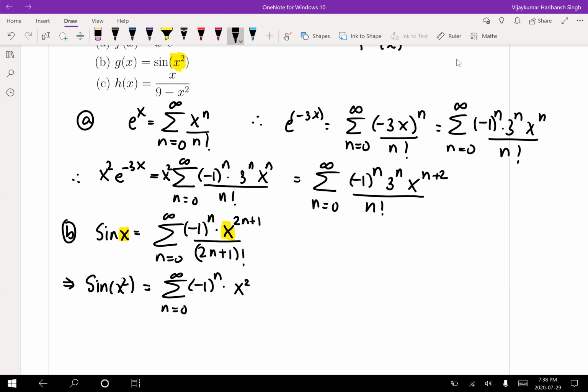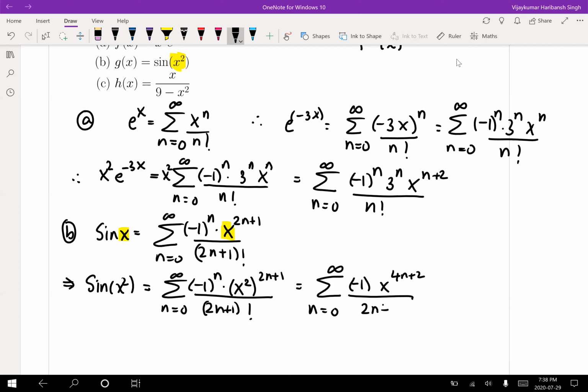Instead of x, I have x squared, the whole power 2n plus 1, divided by 2n plus 1 factorial. And it's always a good idea to write down the proper powers of x. So when you multiply it out, it becomes x to the power 4n plus 2 divided by 2n plus 1 factorial.